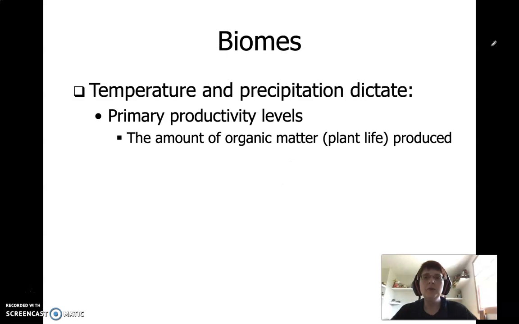So the biomes, this temperature and precipitation that we've been talking a little bit about, are going to dictate what we call the primary productivity levels. So what does that mean? Primary productivity is talking about plants. So the amount of precipitation and how warm it gets is going to determine how much plant material is going to be produced, or the amount of organic matter that gets produced, and it's also going to determine what kinds of plant life can grow there.